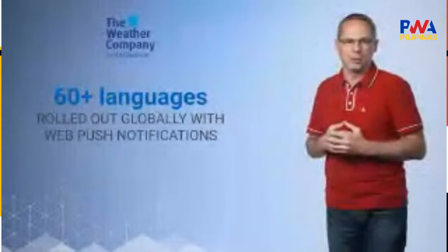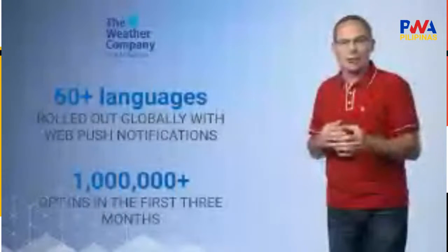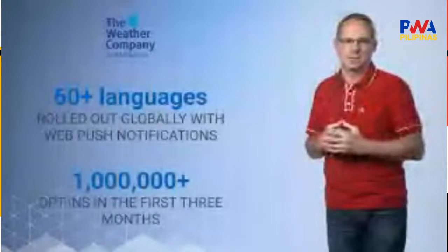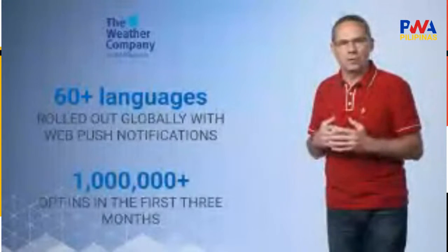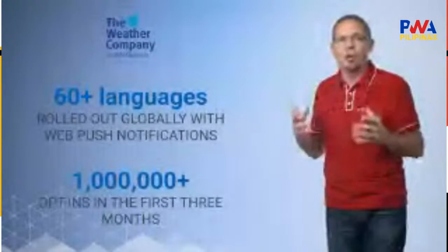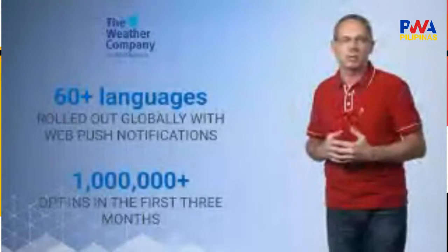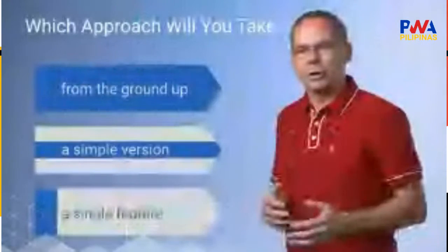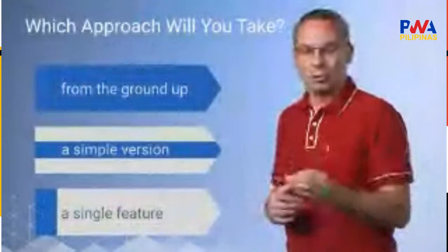In the first 3 months of rolling out Web Push, Weather saw over 1 million opt-ins. Web push notifications allow Weather to reach a whole new audience with the same set of notifications as their native app users. As you think about your journey, do what makes sense for your users, your site, and your company.